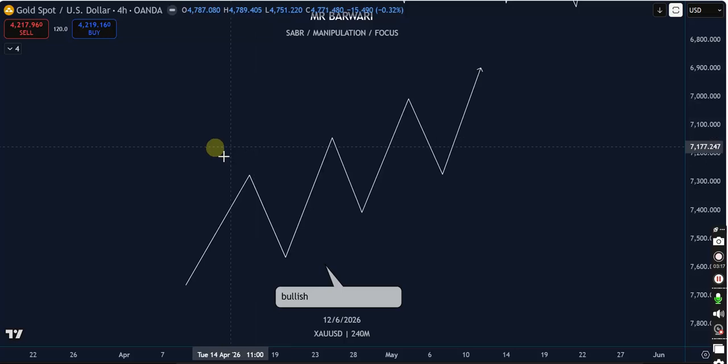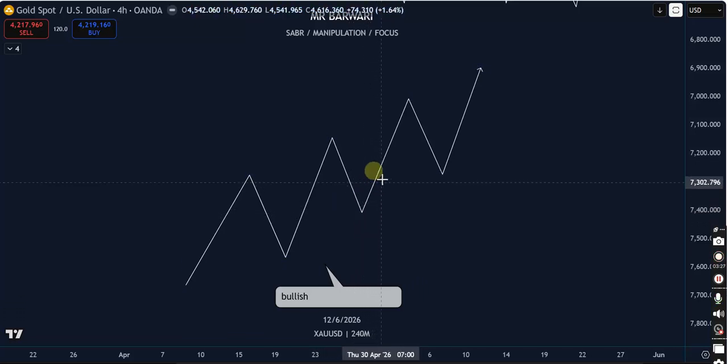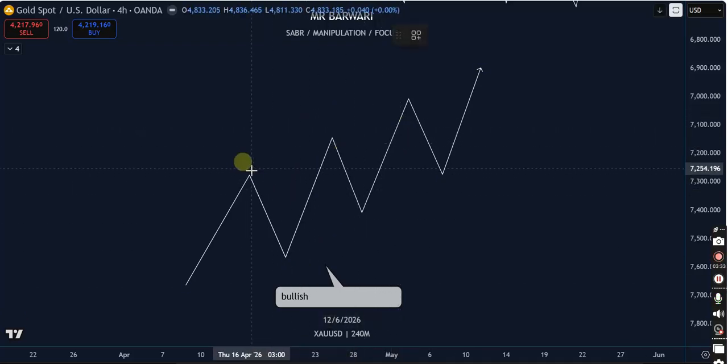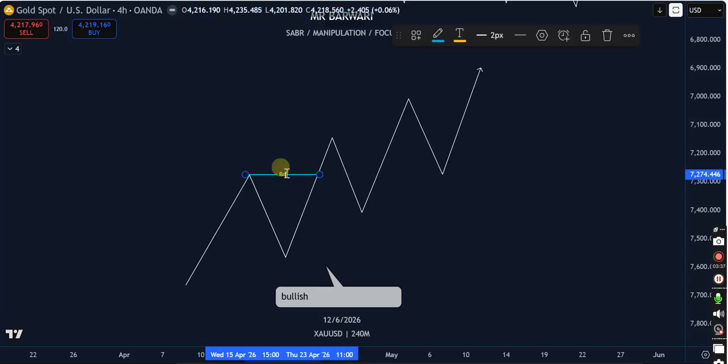So now we have a clear picture of what the price is doing. We're gonna move down one more time. After the move has gone down, we're gonna go up, break structure one more time. Now we have done it 2 times. When we break structure 2 times, it becomes a confirmed trend.